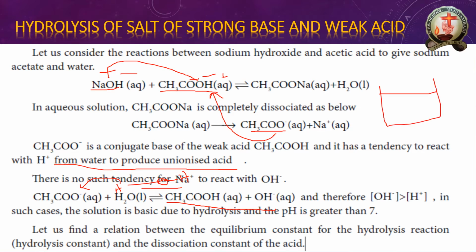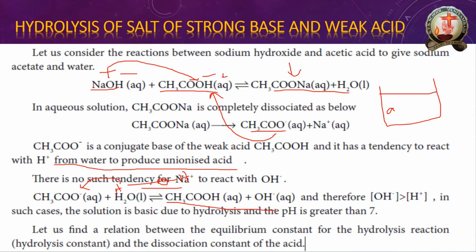The chamber is filled with water. When sodium hydroxide and acetic acid are added to the water, we get initially this reaction. Afterwards, this product again dissociates, forming CH3COO- and Na+. The CH3COO- is nothing but the conjugate base of acetic acid.